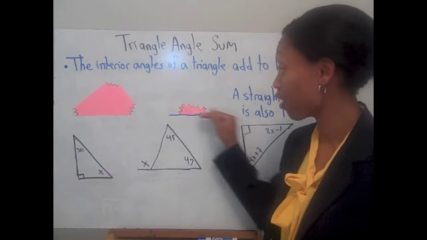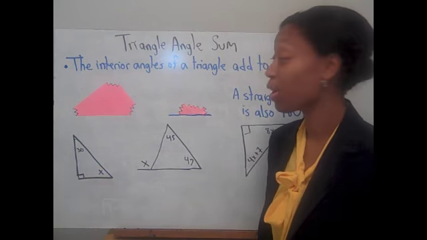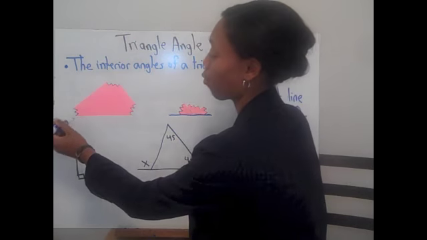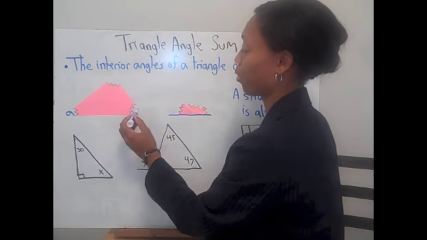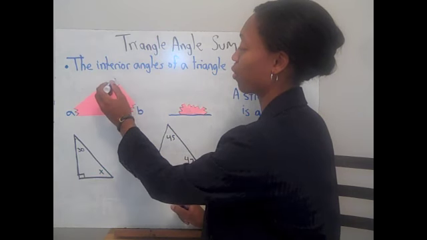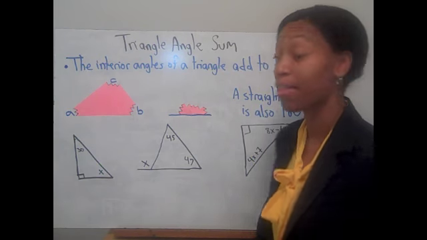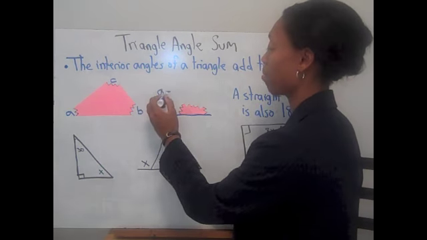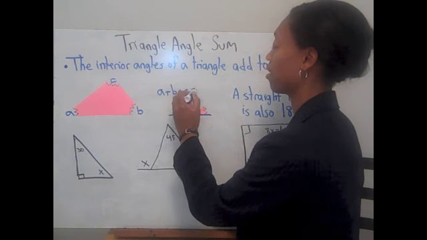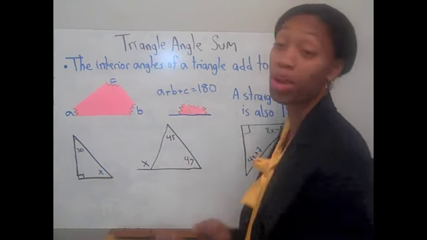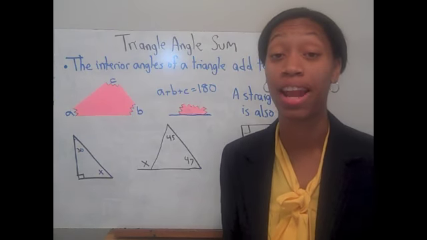So that's straight across the bottom. So if you take this corner A and this corner B and this corner C, whatever the degrees are of that triangle, and add them together, A plus B plus C, all three of them together always equal 180 degrees.